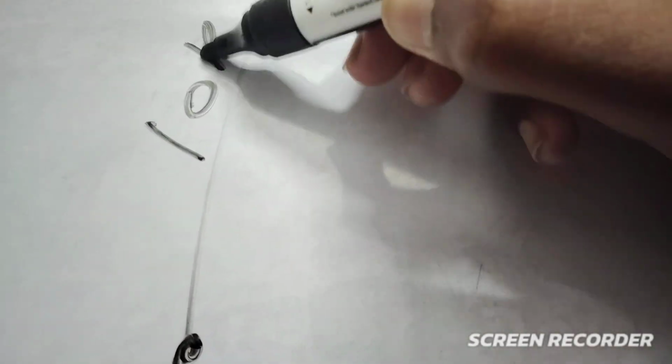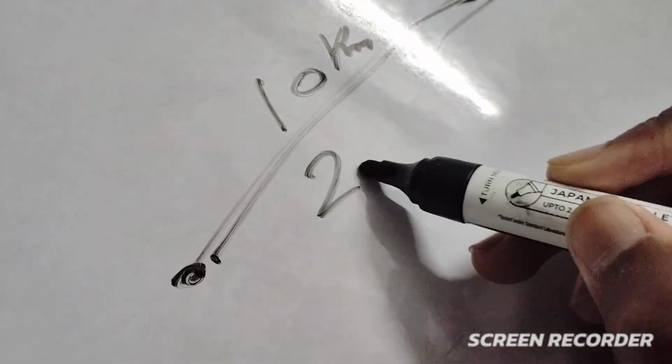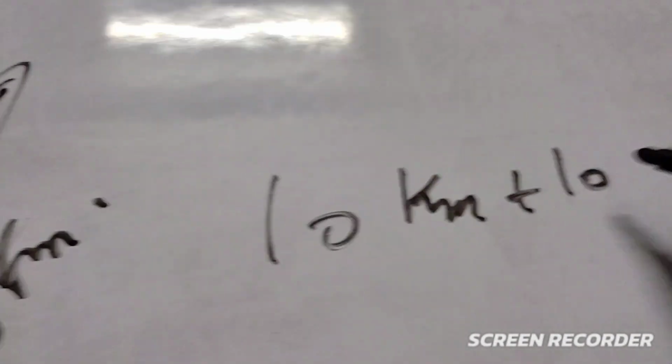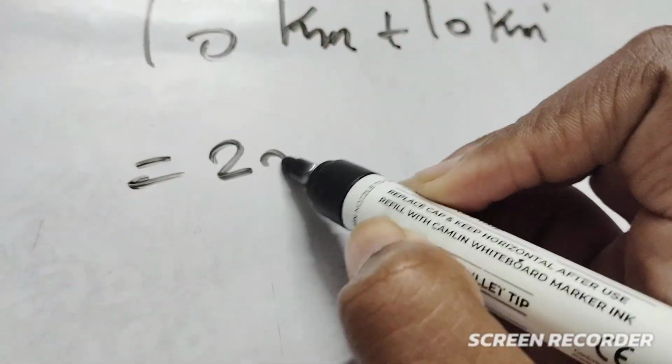If I go from here to here, 10 kilometer, the distance from here to here is 10 kilometer, and then came back, so it is 20 kilometer, because 10 kilometer plus 10 kilometer is equal to 20 kilometer.